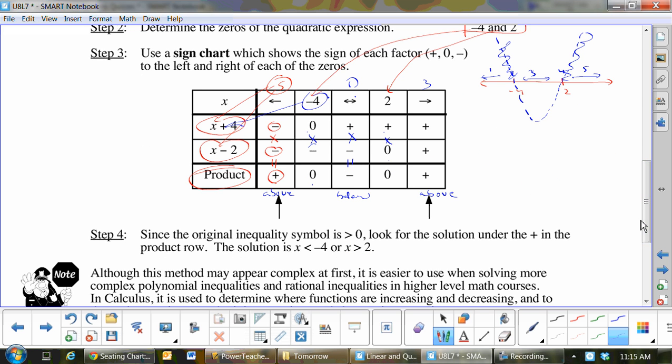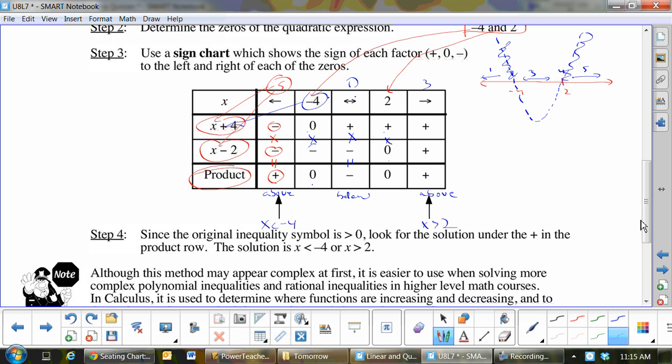Or as you can see the arrows, so when x is less than negative 4 and when x is greater than 2, I should say. Sorry. There's your sign chart. A little bit more in depth. Okay?